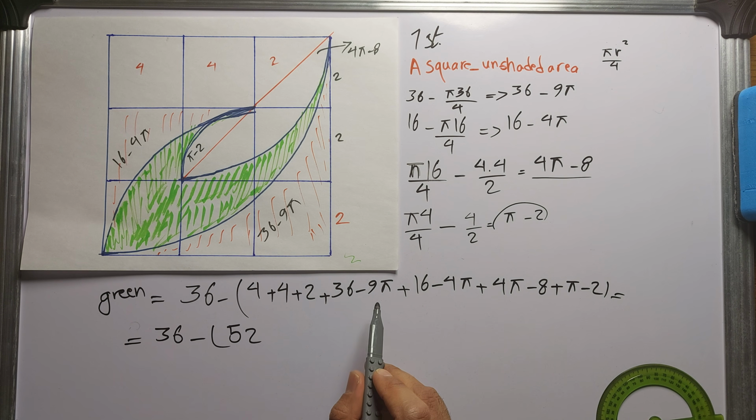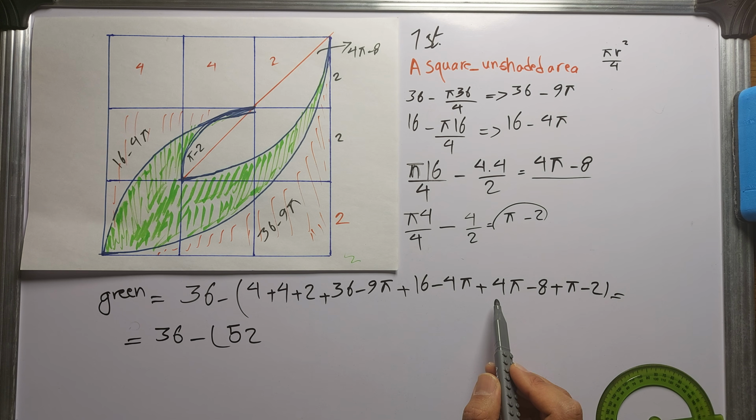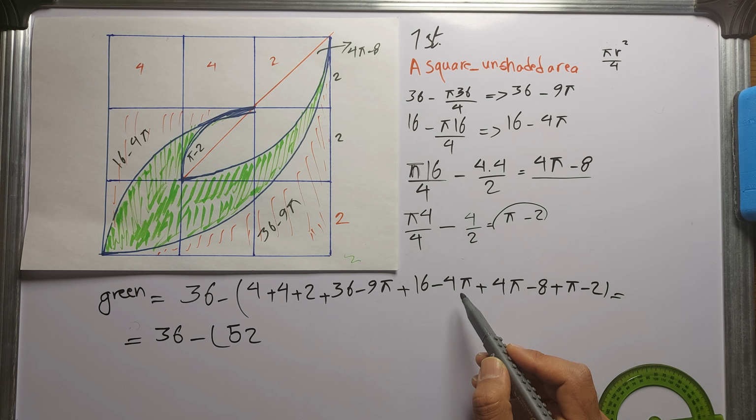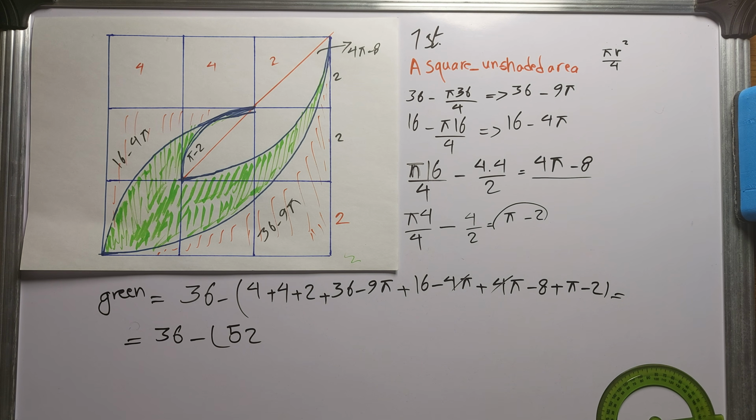And then we have a lot of pi's here. So the first pi is minus 9 pi, minus 4 pi, minus 13. Oh, okay, so we have two minus 4 pi's and plus 4 pi. So that's going to be minus 8 pi.